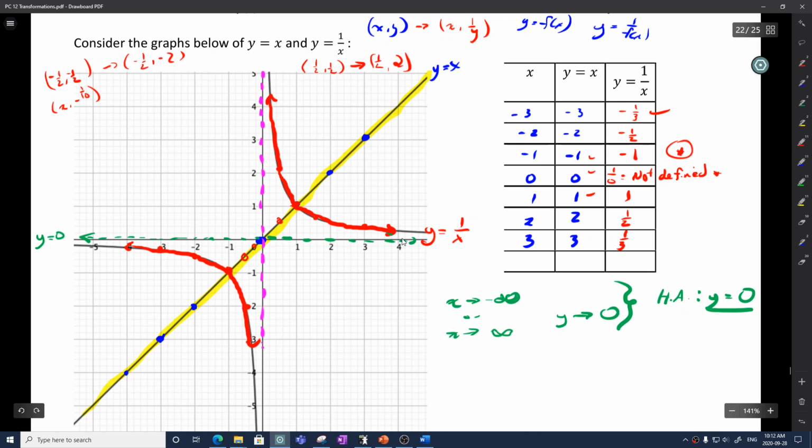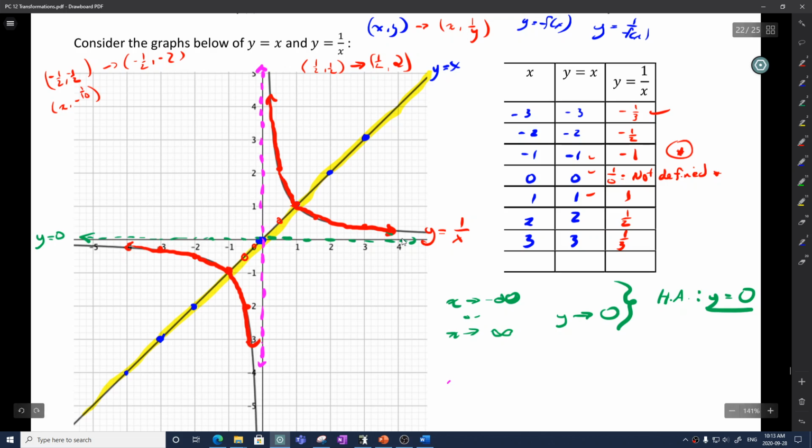Now, it's really interesting, this line, because as x gets really close to 0 from the negative side, my y values go down to negative infinity. As my x values get really close to 0 from the positive side, my y values go towards positive infinity.